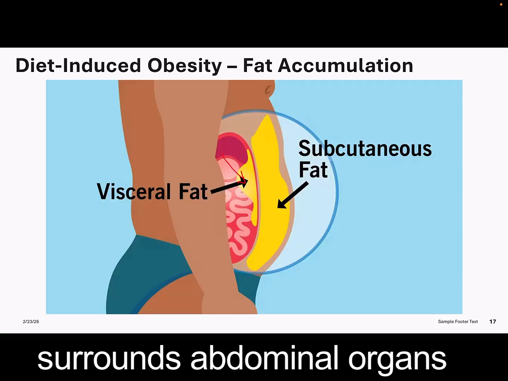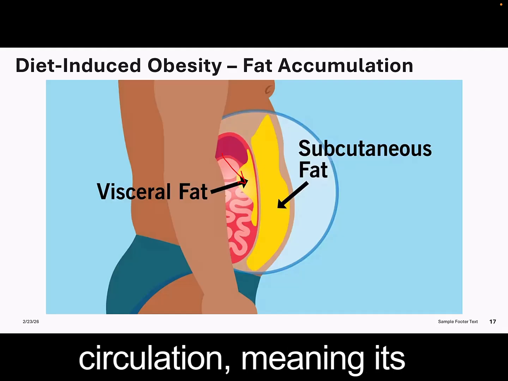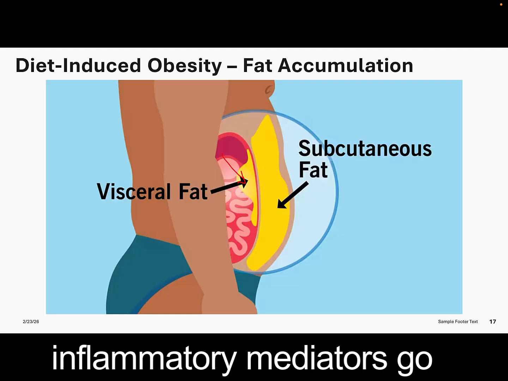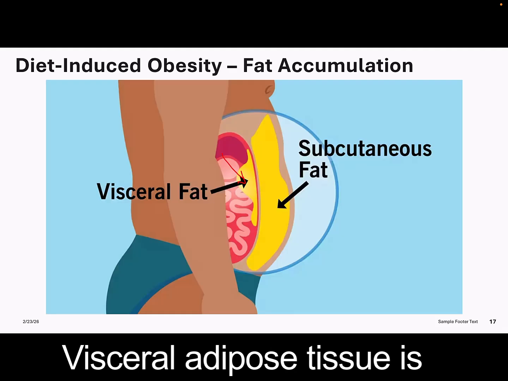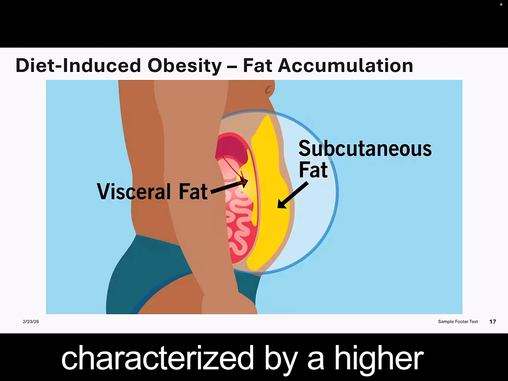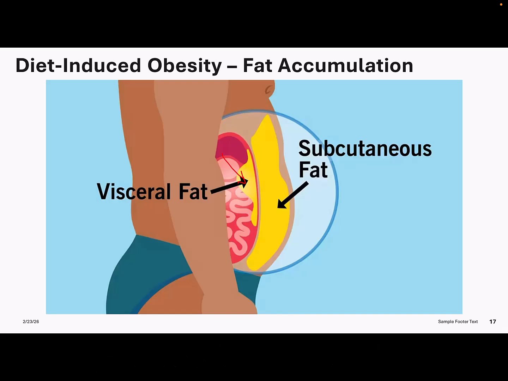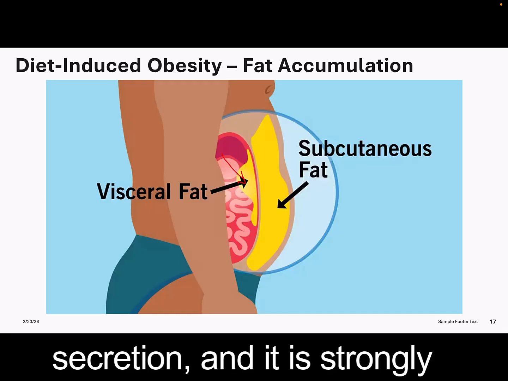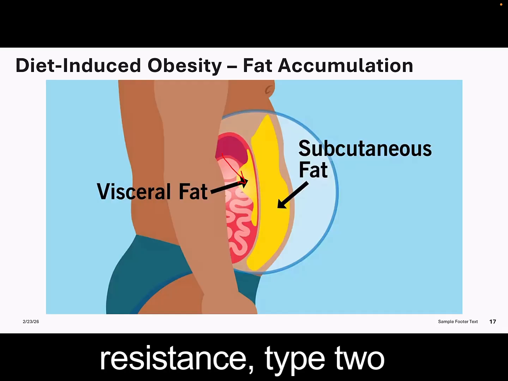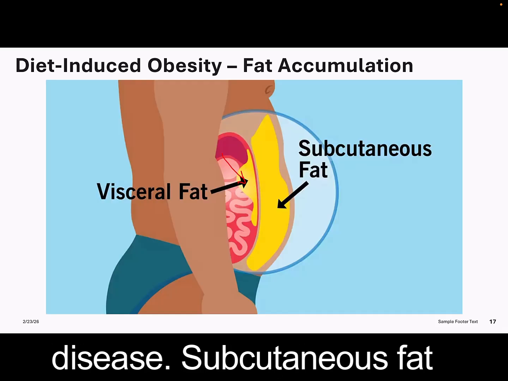Visceral fat surrounds abdominal organs and drains into the portal circulation, meaning its inflammatory mediators go directly to the liver. Visceral adipose tissue is characterized by higher tumor necrosis factor alpha and interleukin 6 production, greater macrophage infiltration, lower adiponectin secretion, and it is strongly associated with insulin resistance, type 2 diabetes, and cardiovascular disease.